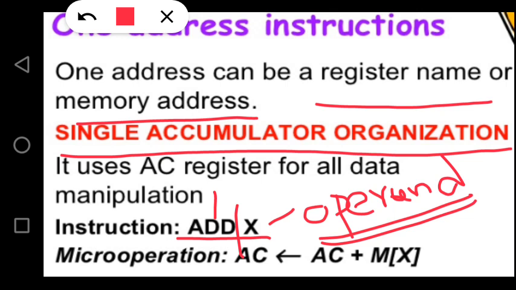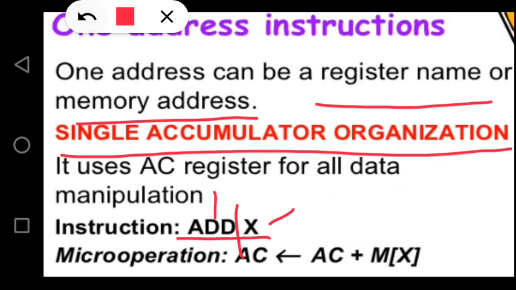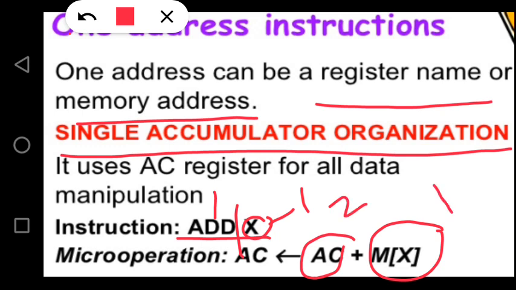It has only one operand, and that operand is x. Now, what happens with this? Go to the memory location of x. Already AC has one default value. The accumulator has some value, which is the other, second operand. So this is the first operand, and this is the second operand.